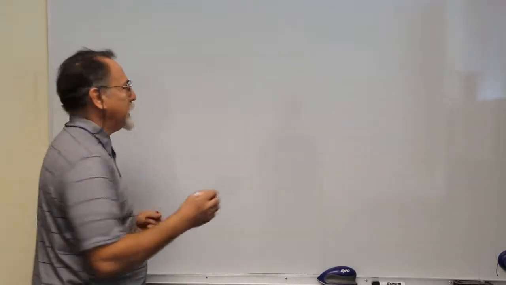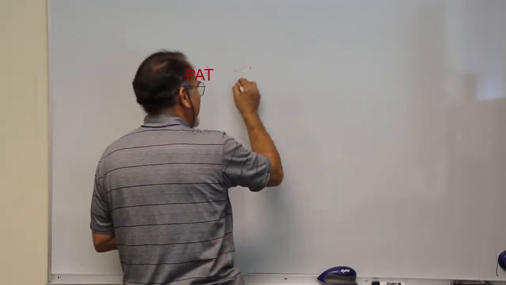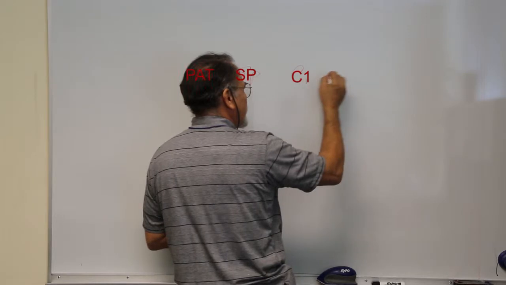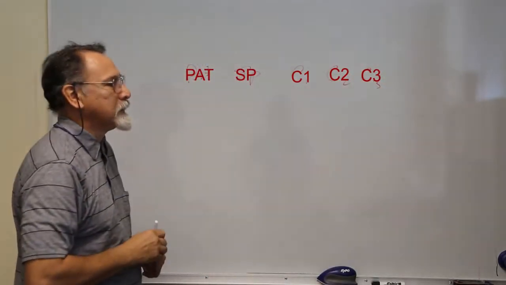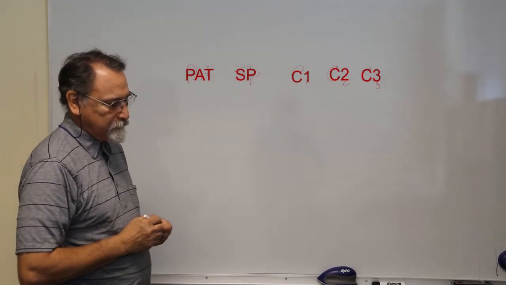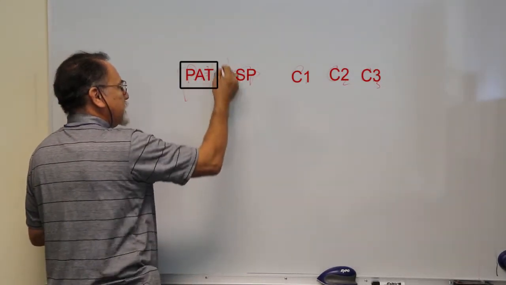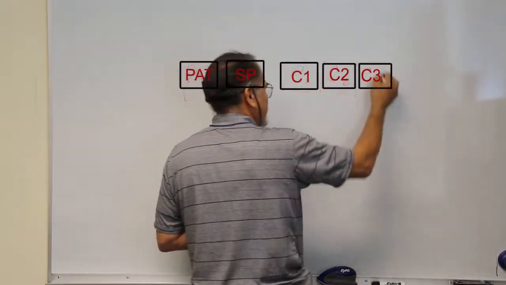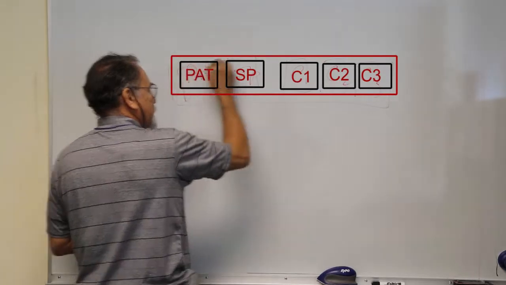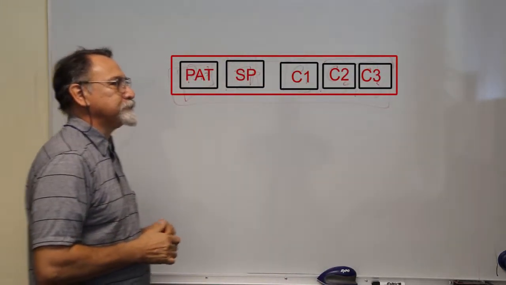For example, let's go back to that doctor-patient scenario. So you have the patient, you have the spouse, you had child 1, child 2, and child 3. Now, each of these individuals is supposed to be separate, but yet this is a whole unit.